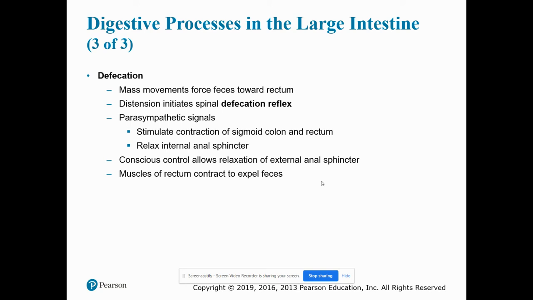But parasympathetic signals stimulate the contraction of the sigmoid colon and the rectum. It's going to relax that internal anal sphincter. Remember, that's composed of smooth muscle. And then conscious control allows the relaxation of the external anal sphincter, which is composed of skeletal muscle. And then the muscles of the rectum contract to expel feces.